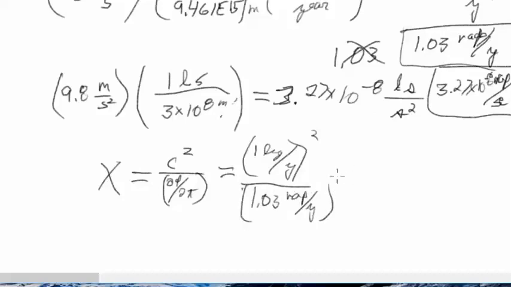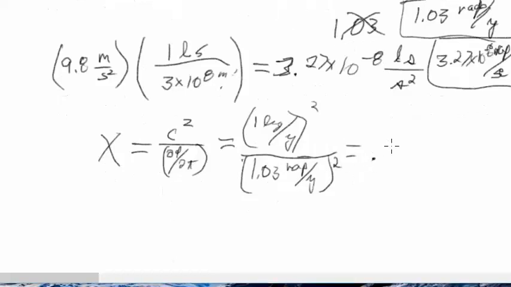Basically, rapidian is a unitless sort of thing, and square that. And this gets me about 0.943 light years. Oh, this isn't squared. Okay, let me get rid of the square. This is not squared. This is 0.971 light years.